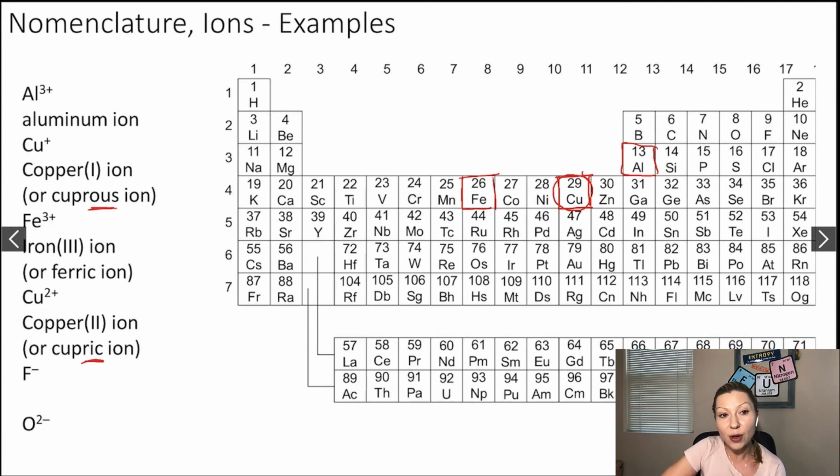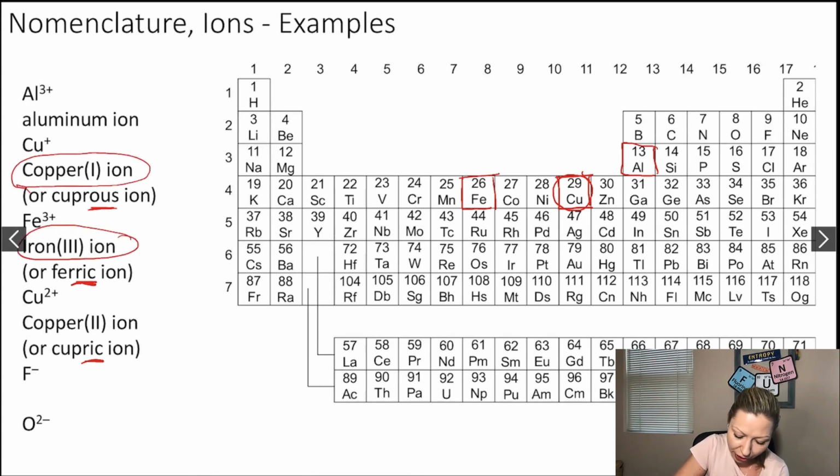Iron 3+ is going to be ferric ion, and iron 2+ is going to be the ferrous ion. I think it is the most important to remember at least one type of nomenclature. I definitely suggest you try to remember using the Roman numerals as we did here.